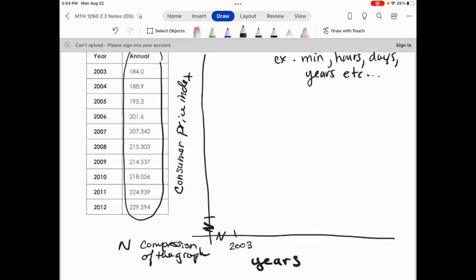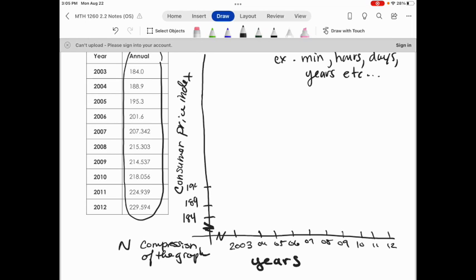Okay, so we're going to start at 2003 and we're going to go up to 2012. So let's go by 1 since we're only going up to 2012. So this will be 04, 05, 6, 7, 8, 9, 10, 11, and then this will be 2012. Now, for the consumer price index, we're going to start at 184, and we want to go up to 229. So maybe we can go by 5s, 189.